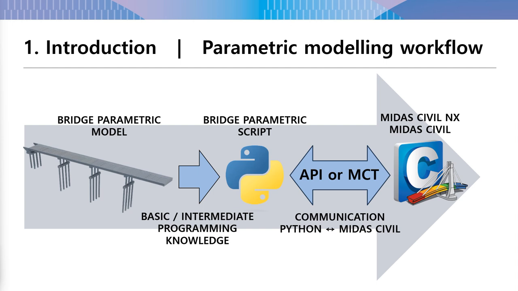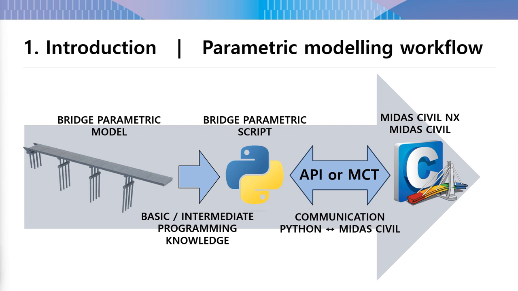But clustering models and grouping them into several groups, and not making one very general model that can cover all possible modifications of the bridge, can reduce this problem to a smaller scale, and then the programming knowledge that we require is somewhere between basic and intermediate.